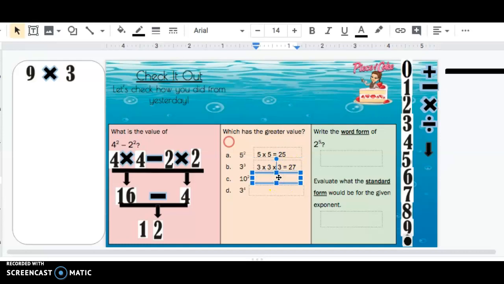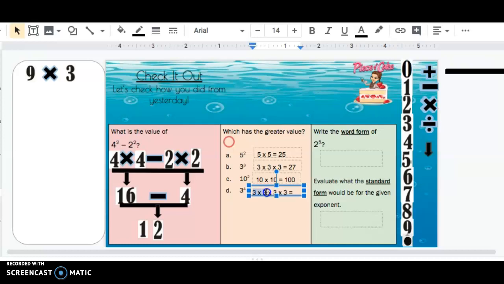10 squared, or 10 to the second power, is just 10 times 10, and I know that's 100. And now I have 3 to the fourth power, which is 3 times 3 times 3 times 3. That's 4 threes. And now I would have grouped those. I'll even highlight it so you can see what I mean.